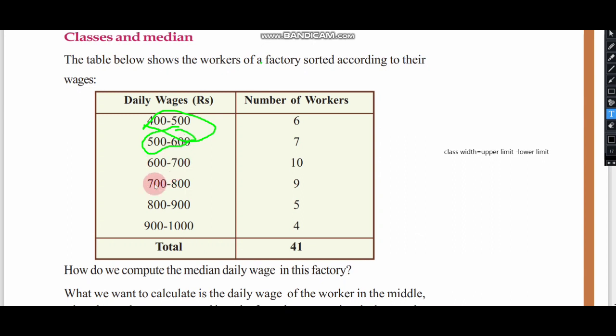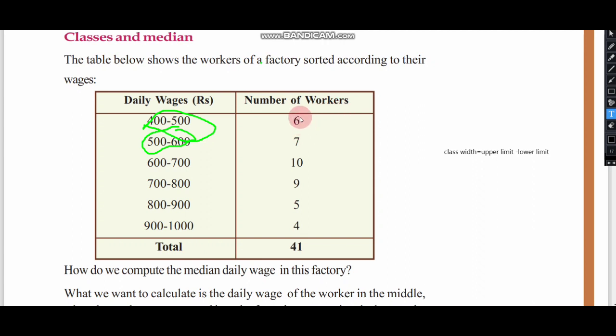Now we are going to study something about class intervals. Here the daily wages are divided into some classes. See, the first class is 400 to 500. What do you mean by that? That means here the number of workers is 6.